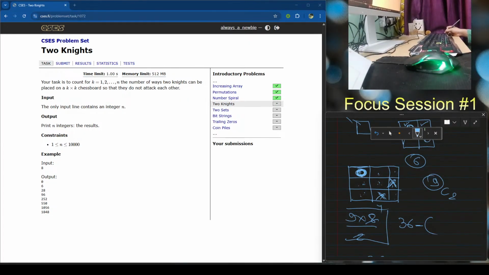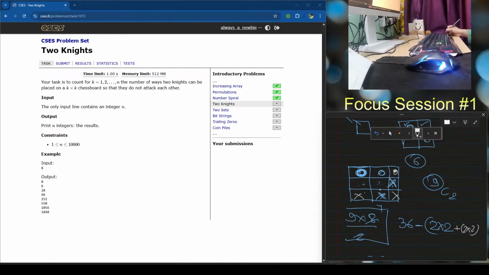If I'm placing my knight here, then I cannot place it here or here. True. And if I've placed, which means not true, 2 cross 2. If I place my knight here, then this is valid. And this position is not valid, neither is this position valid. So again, 2 cross 2. If I place my knight here, then the number of places which are not valid, this has already been counted.